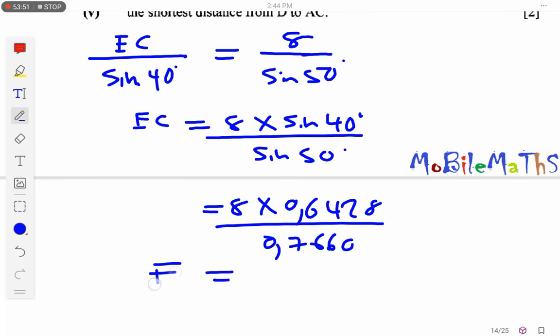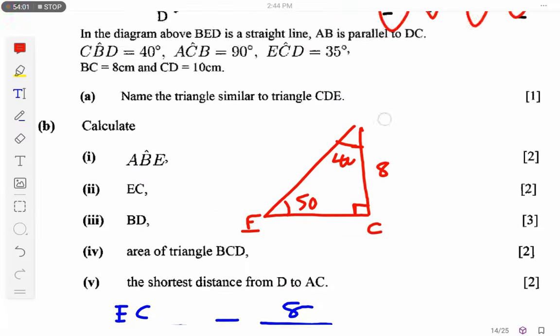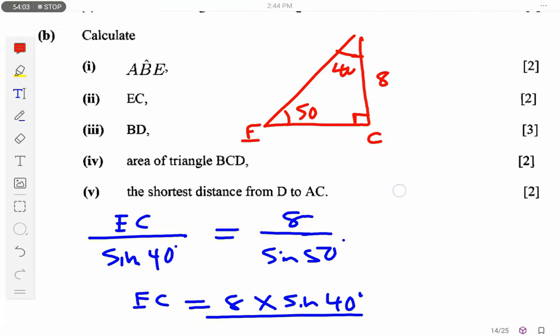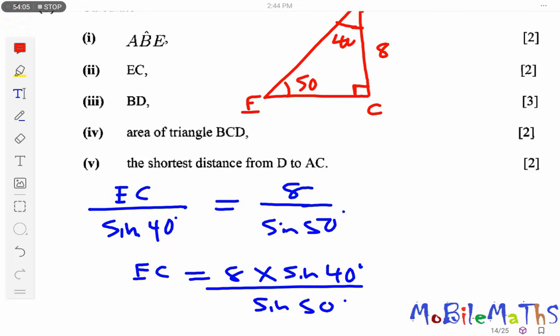When I divide, I get my EC as 6.71 centimeters. I hope they are centimeters. Let me just check. Yes. So that's how we calculate EC. Let's move on to the next question.